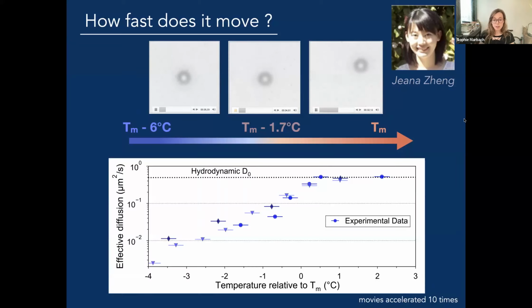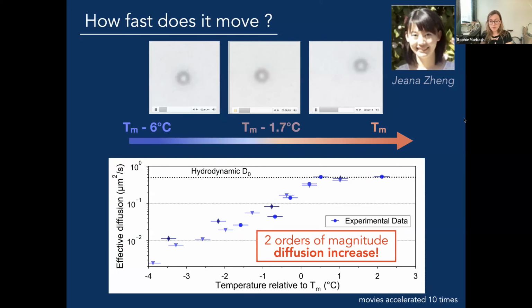And we find the following: the diffusion coefficient of a particle relative to the melting temperature spans 2 orders of magnitude in just about a few degrees Celsius. Those are all the experimental data points, and the slightly different colors are just for repeated experiments from the start. So we have a 2 order of magnitude change in the diffusion coefficient.